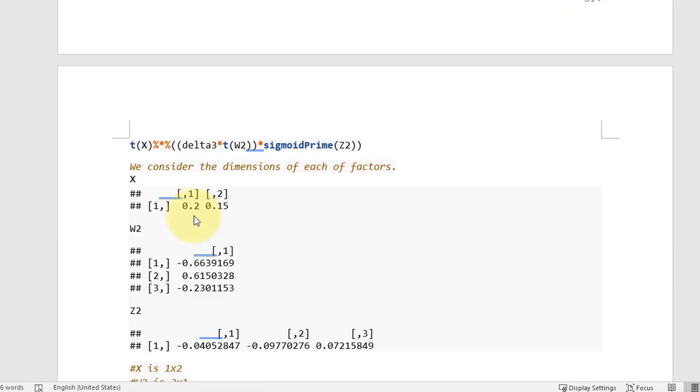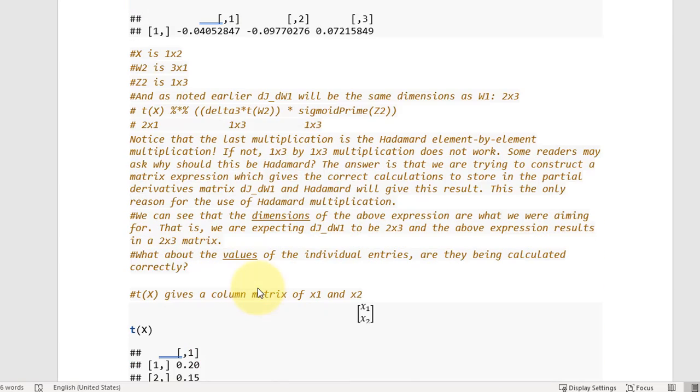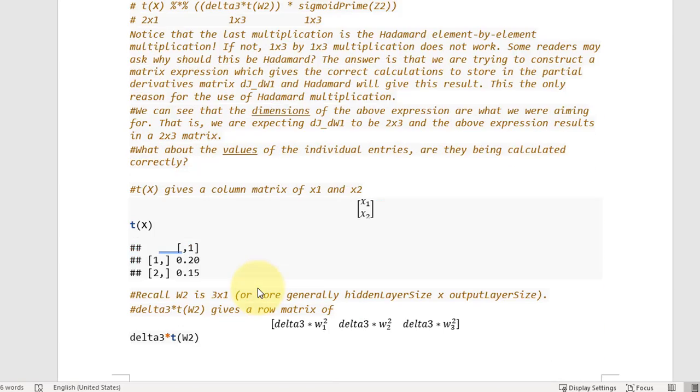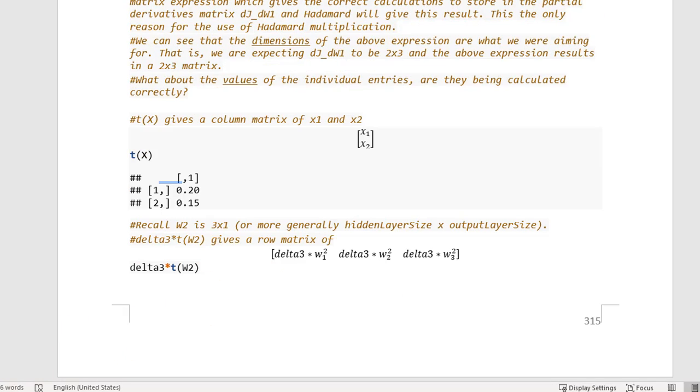Here's some more confirmation of the dimensions and so on. So you can go through that, make sure that the dimensions are working. Here's what we just said, that if we scalar multiply this times this, we get a row matrix like this.